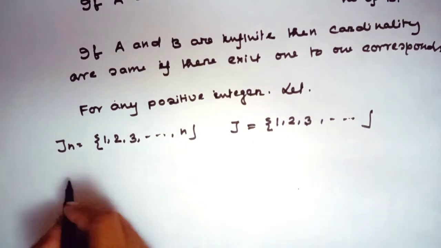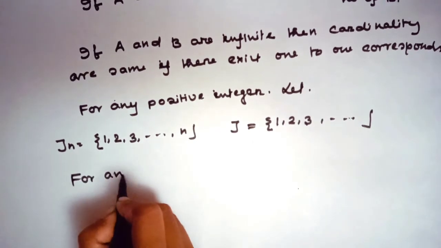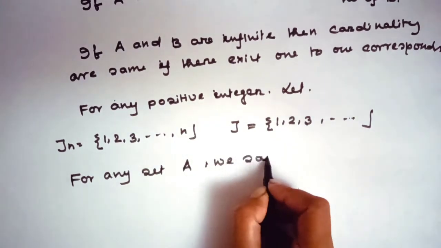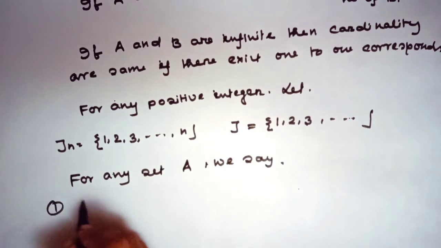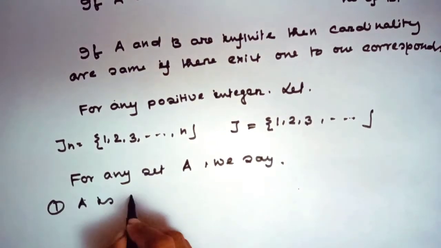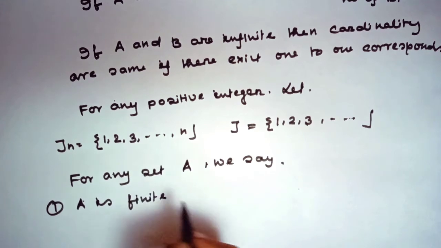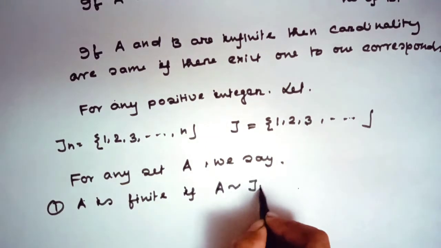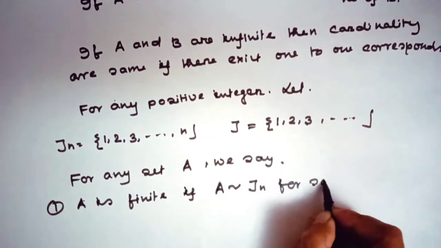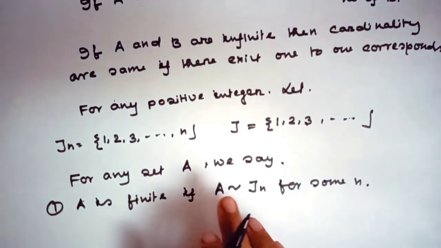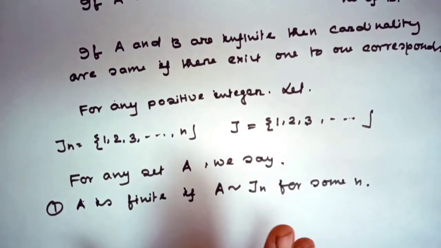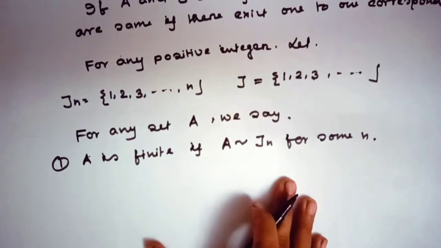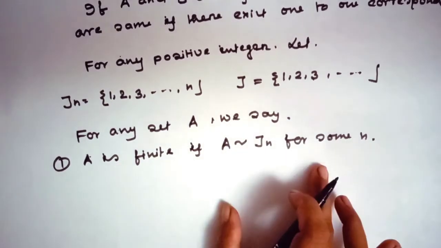For any set A, we say: 1. A is finite if A is equivalent to Zn for some n, which I have introduced in my previous video completely. Here I only introduce the definition.